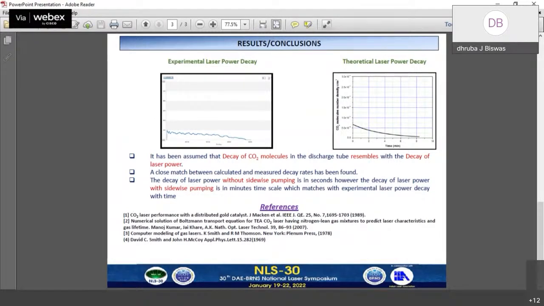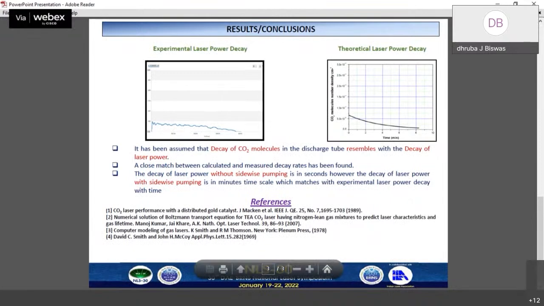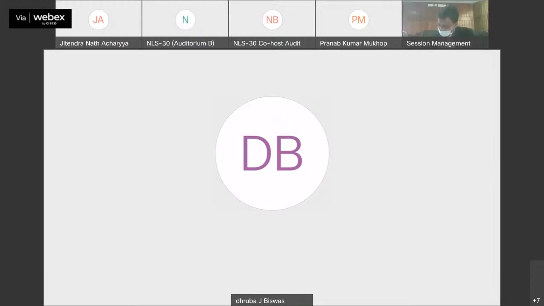What I'm saying is that you are trying to build a shield of glass tube system where you do not want the CO2 to dissociate. So if you add some CO already with the CO2, in very little quantity, then equilibrium will be reached at a much lower dissociation of CO2. Should it serve your purpose? Sir, we don't want the CO2 to dissociate easily, because after dissociation of the CO2 molecule, there will be no lasing molecules of CO2.